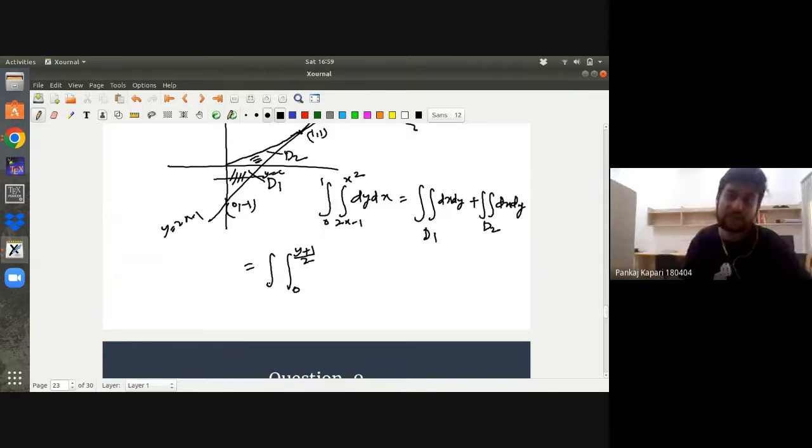And then what are the limits of y? Note that the limits of y are from -1 to 0, dx dy.